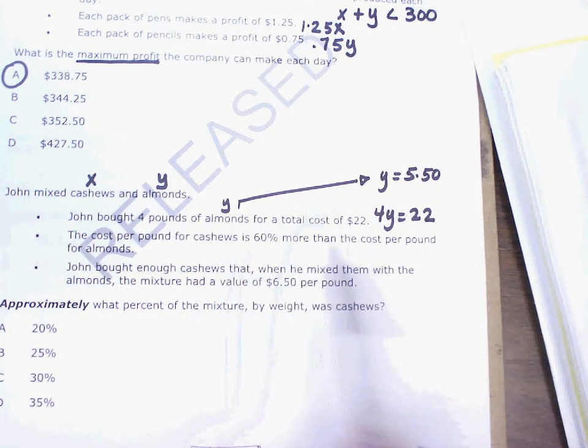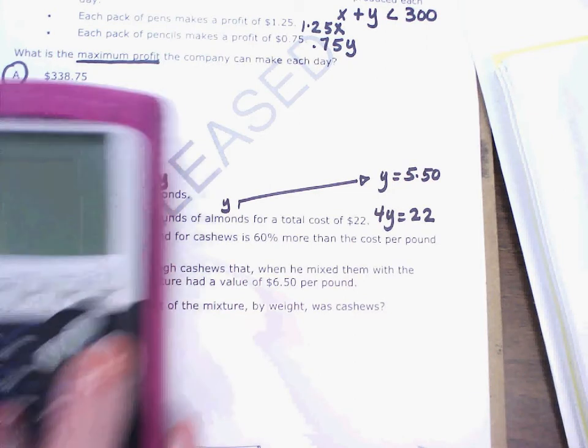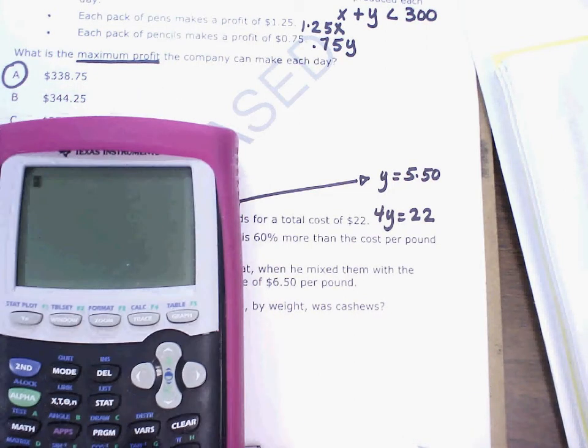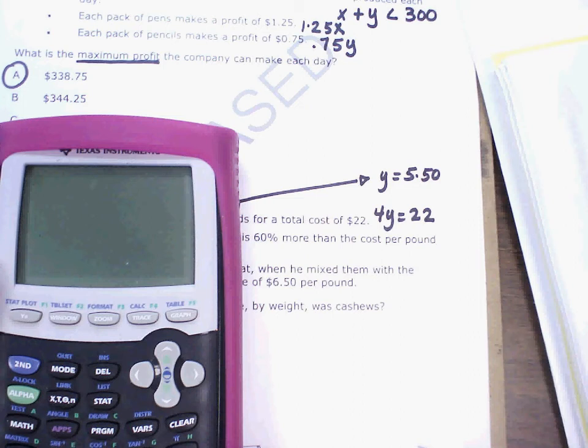So how can I calculate how much I'm paying per pound for cashews? Multiplied by what? Yeah, you can do 1.60 and that will give you the total amount. Very good. Or you can do 0.60 and that's the amount that you add. It depends on how much you want to work.